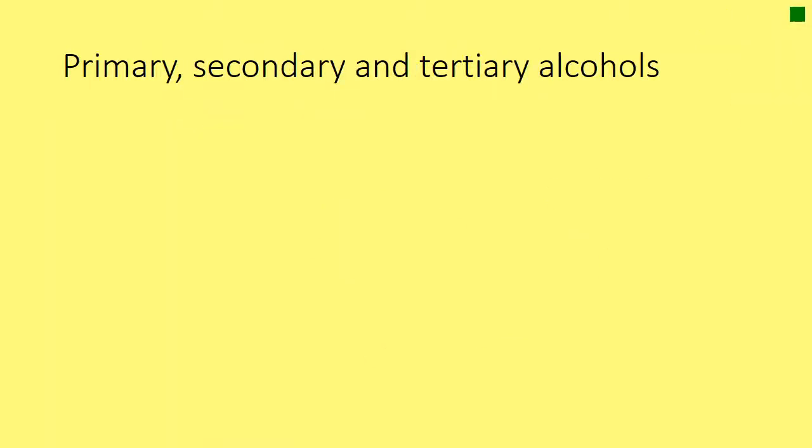So let's move on to have a look at the different types of alcohols in terms of whether they're primary, secondary or tertiary. The shorthand way of writing this, you might sometimes see written as 1 degree, 2 degrees and 3 degrees for primary, secondary and tertiary. What we mean by a primary alcohol is one where you've got your alpha carbon, or your carbon number 1.